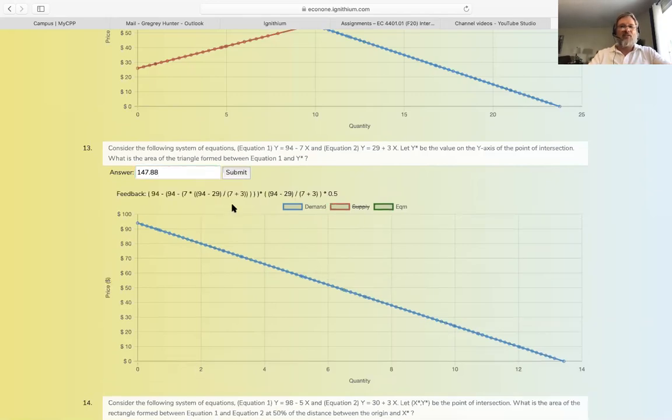Now, you see this, and this is exactly what we put into the calculator, right? There's our 1/2. And this is the 94 minus, this is our y star. So that's the 48.5. If you go ahead and calculate that, you'll see that's 48.5.